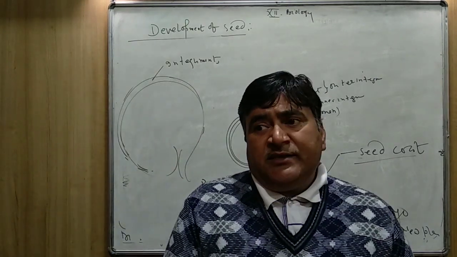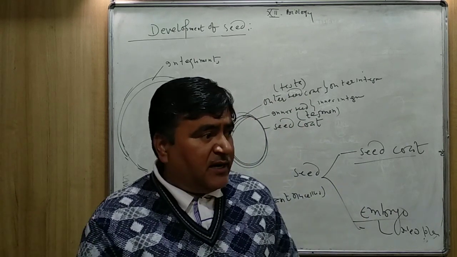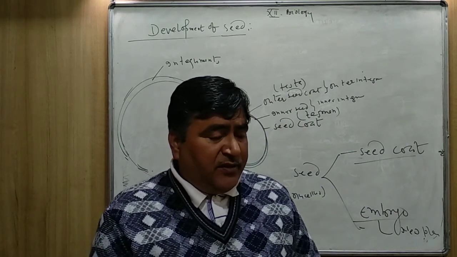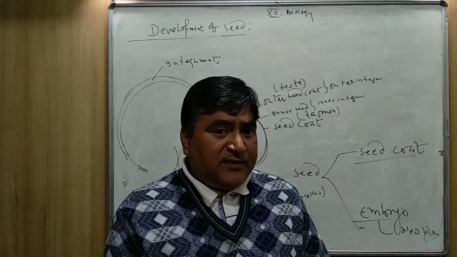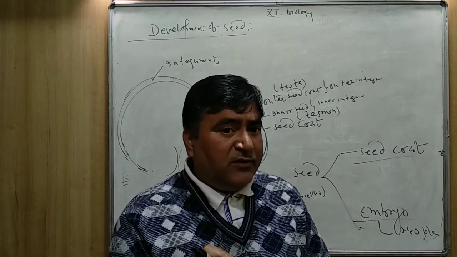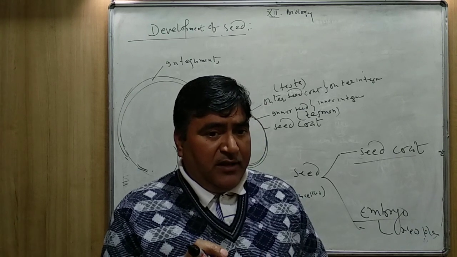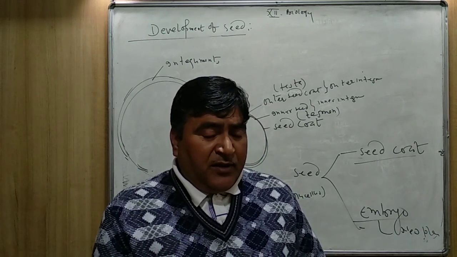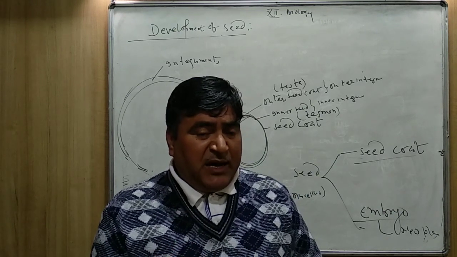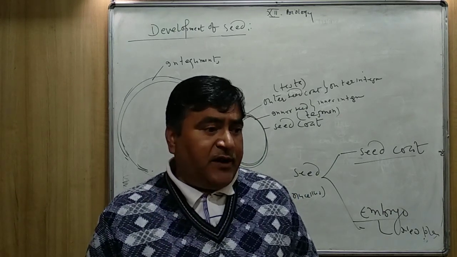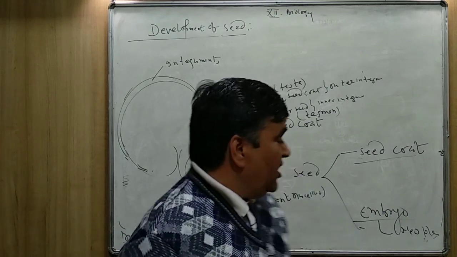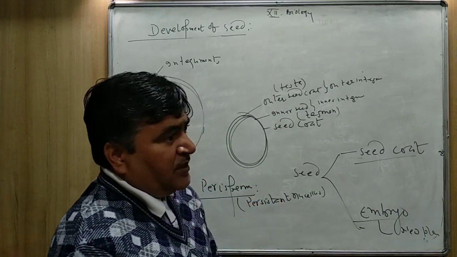In some of the plants, even after the seed formation, the remains of the nucleus, which is the part of the ovule, persist, and the persistent nucleus is called perisperm.